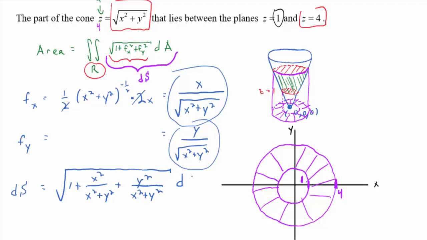And then of course we do have the dA out here. Does everybody see why it's so nice? Because when you have the common denominator, you add those two fractions together and get x squared plus y squared over x squared plus y squared. That's 1, right? Add it to the other 1 and you get root 2 dA.